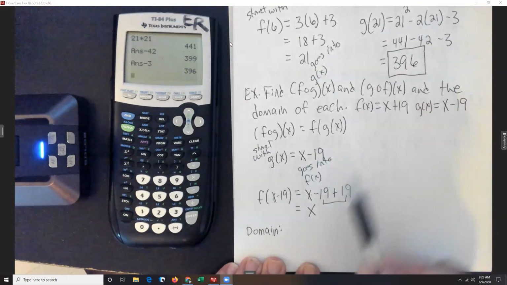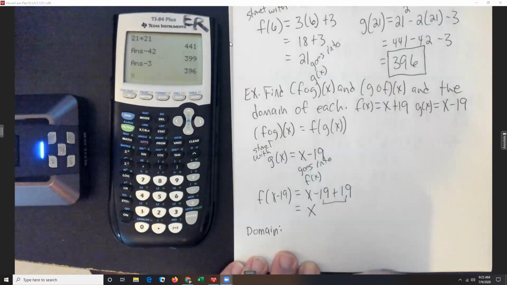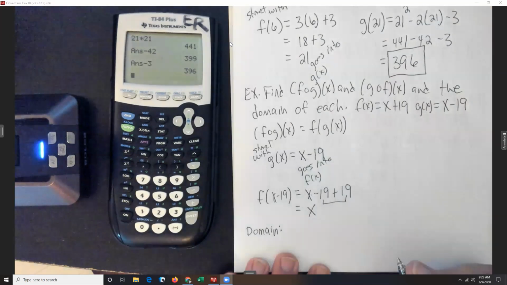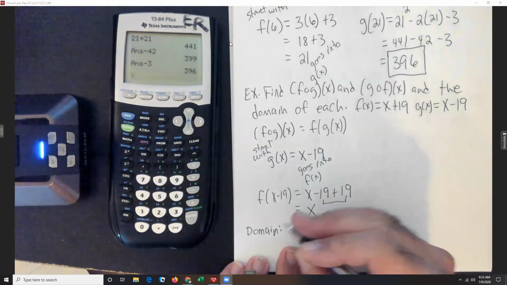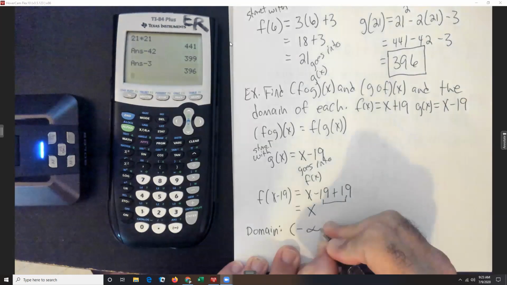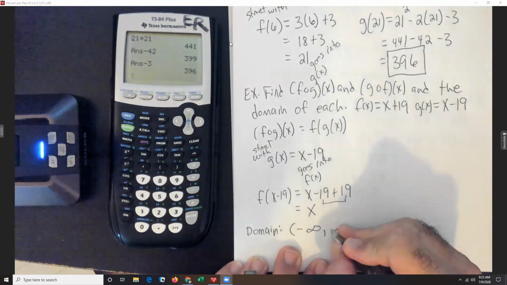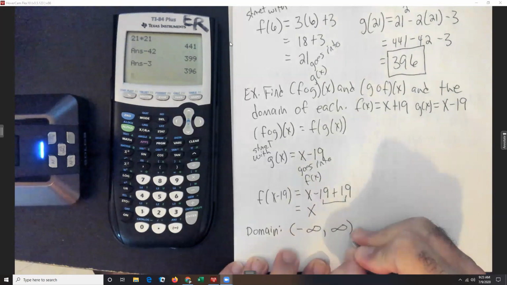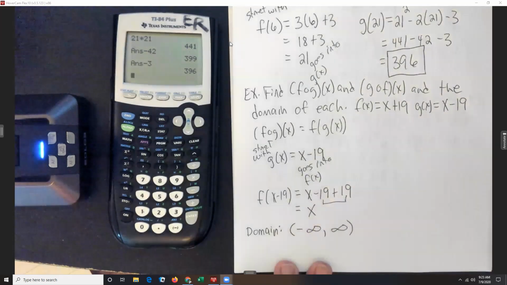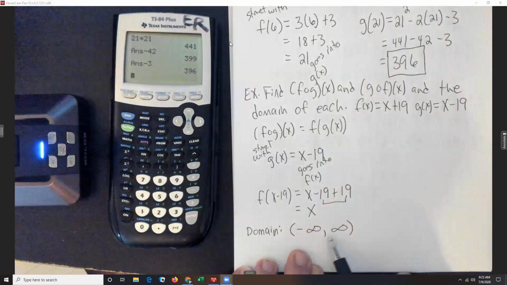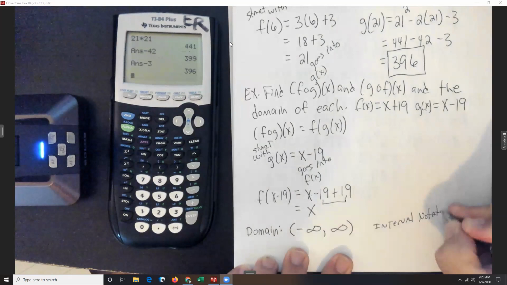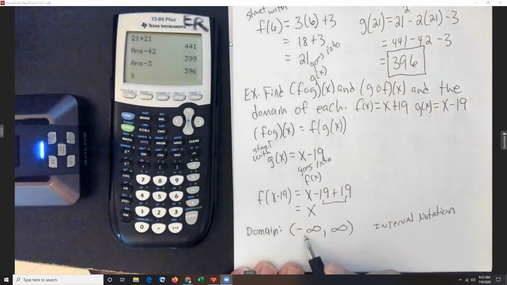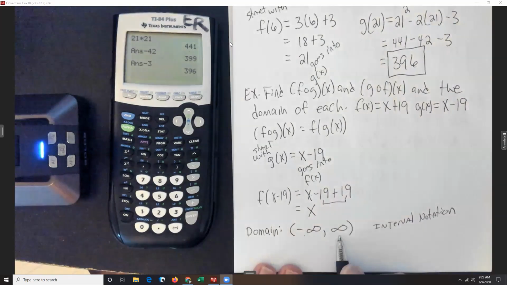So since I didn't have any fractions, this works for all real numbers. To write that in interval notation would be from negative infinity to positive infinity. So this is how you write all real numbers in interval notation.